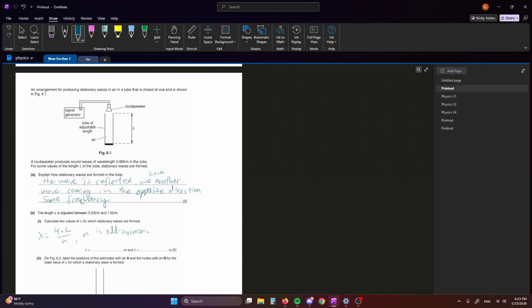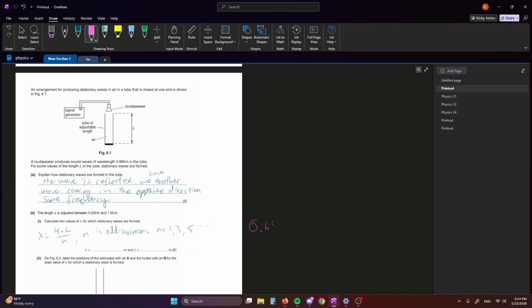So N is equal to 1, 3, 5, etc. So in this case, we have a wavelength of 0.68 meters.